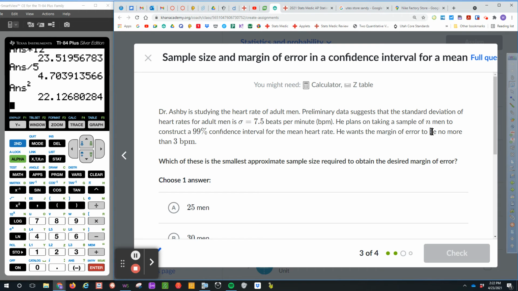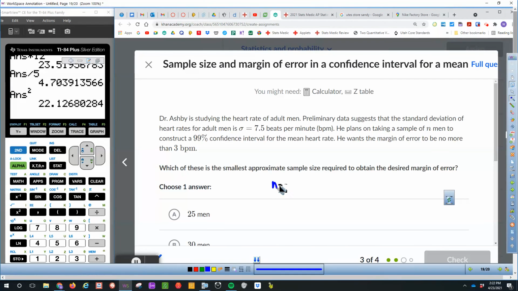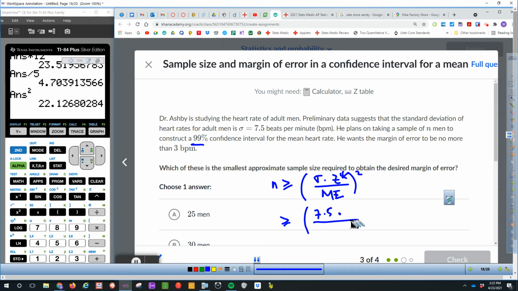He wants the margin of error to be no more than 3. So n is greater than or equal to sigma times z star divided by margin of error, squared. Sigma is 7.5, z star we find at 99% confidence, divided by ME, which is 3. Then you square.